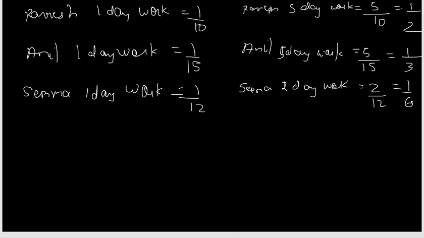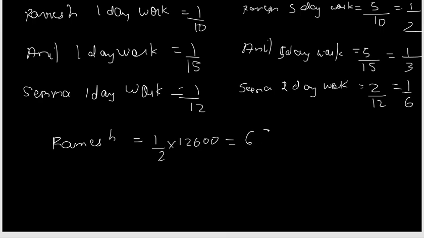So we have got the capacity. Now this money should be divided among them based on their capacity. Ramesh will get half of 12,600 because his whole capacity is half.